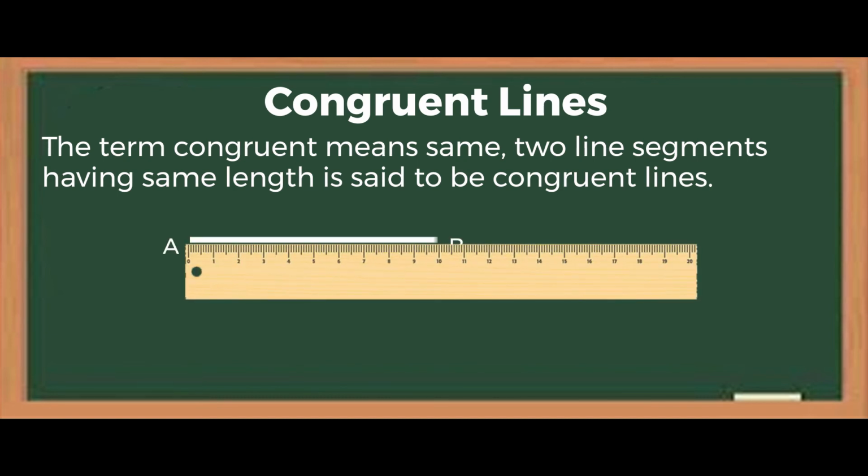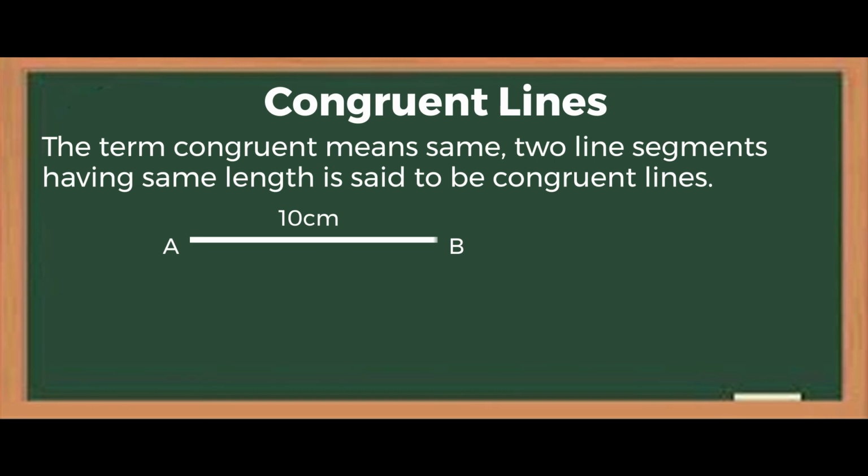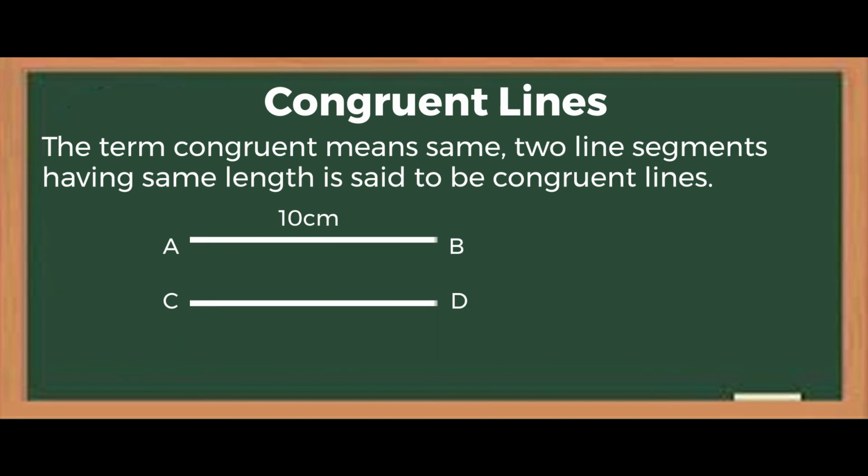Measure the line segment using a ruler, say AB is 10 centimeters. Draw another line segment which is 10 centimeters and name it CD as shown. So the line segment CD is congruent to AB. We can say that these two lines are the same or they are equal.